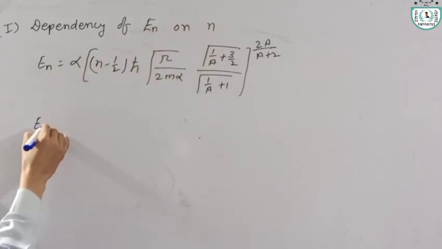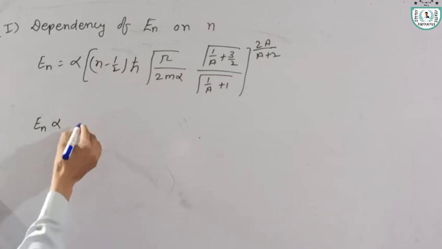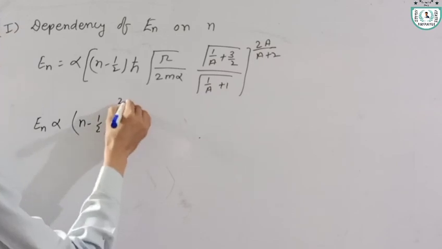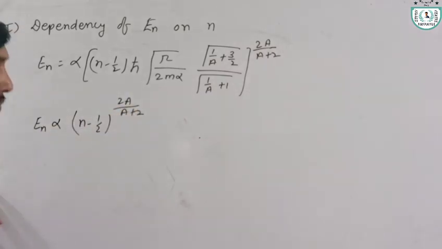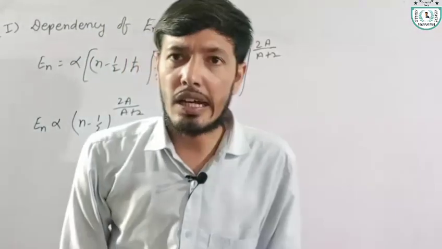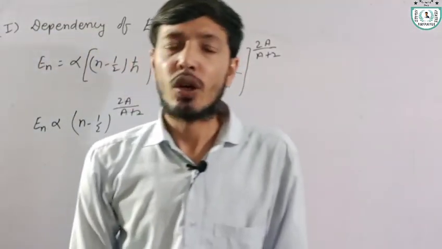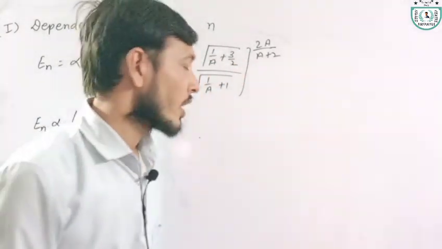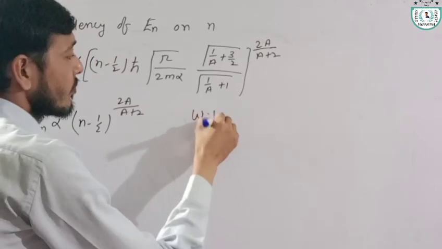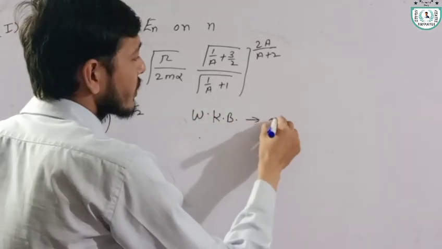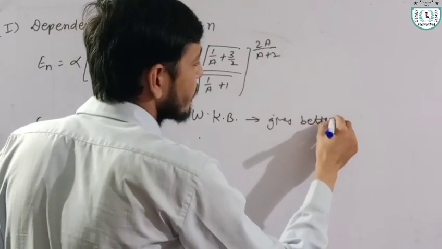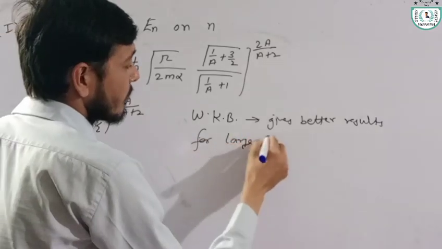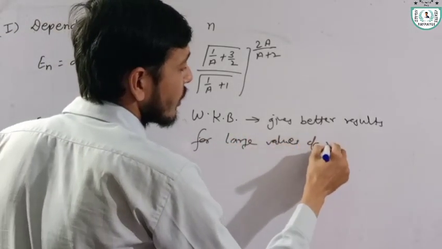En is proportional to (n − 1/2) raised to power 2a/(a + 2). The WKB approximation method gives better results for large values of n.